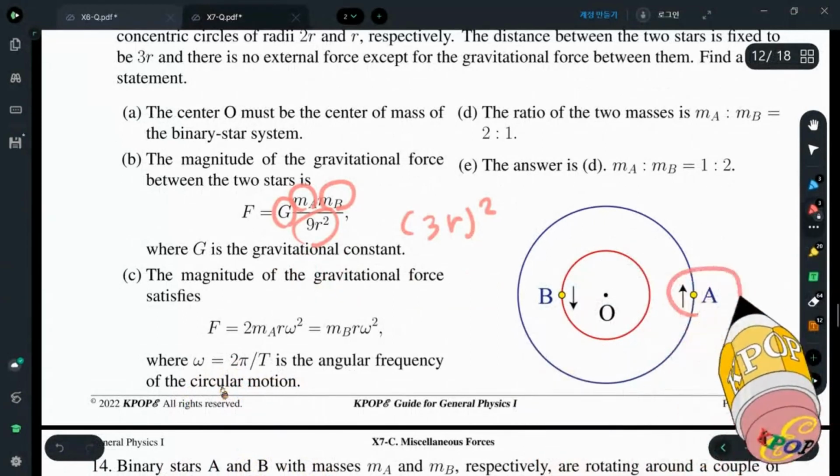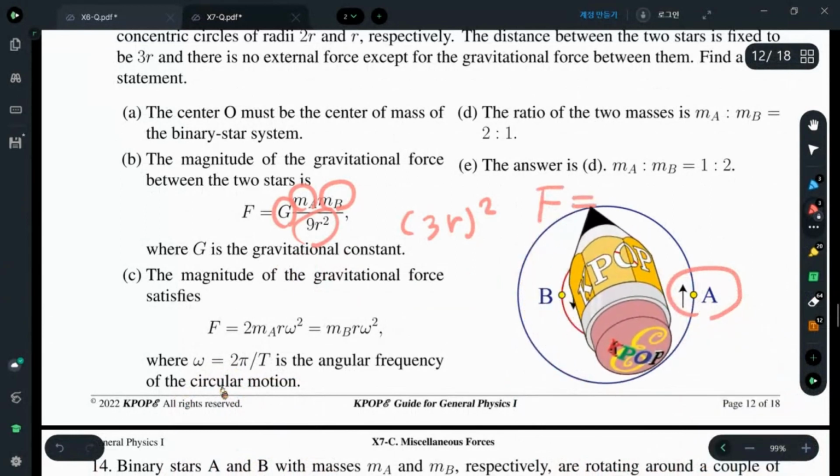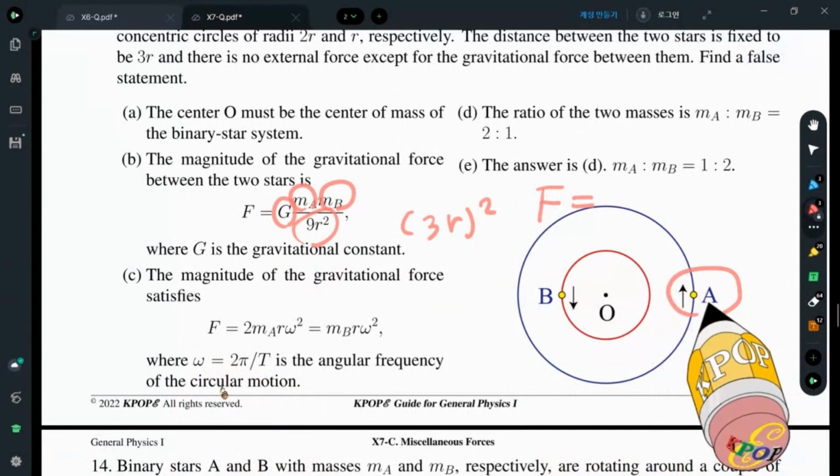The magnitude of the gravitational force satisfies, okay, because both of them are making a uniform circular motion. If I look at this, then the gravitational force must be the centripetal force applied to this object.